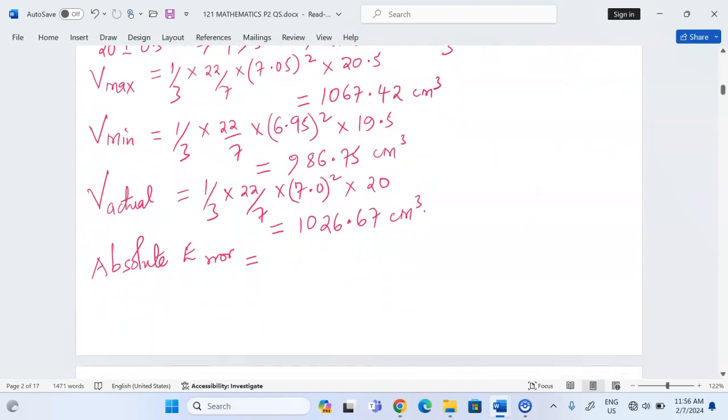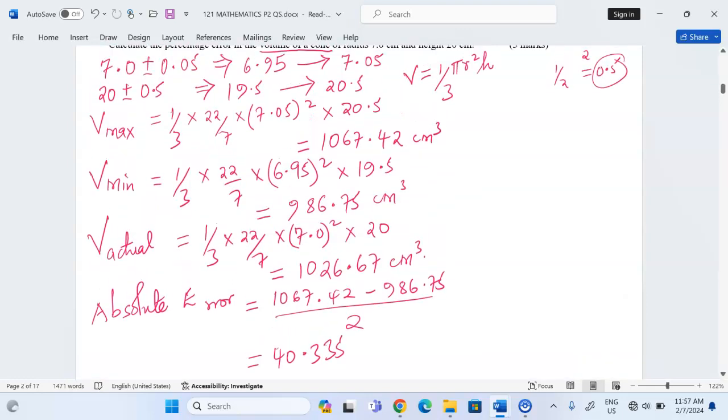Now in the calculation, there is what we call absolute error in this volume, whereby we will take volume maximum 1067.42 minus volume minimum 986.75 divided by 2. When I take 1067.42 and I subtract 986.75, and divide by 2, this is going to be 40.335. That is the absolute error.